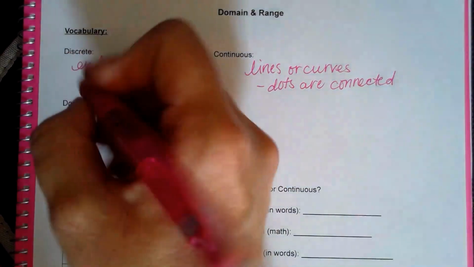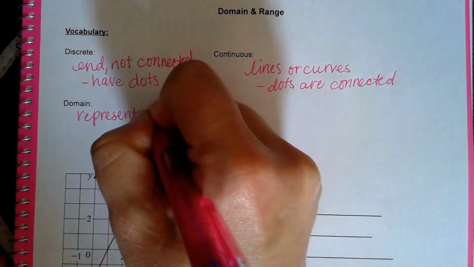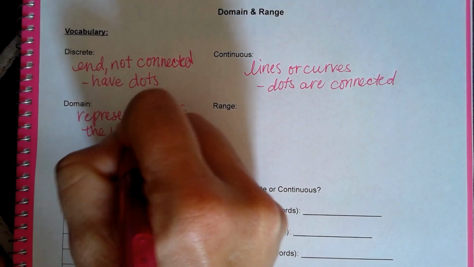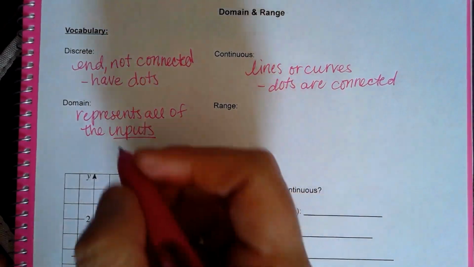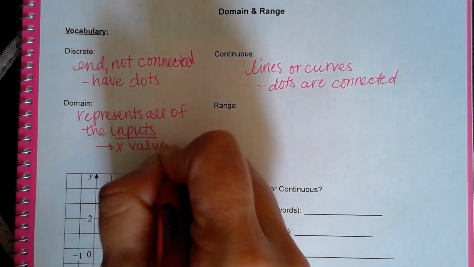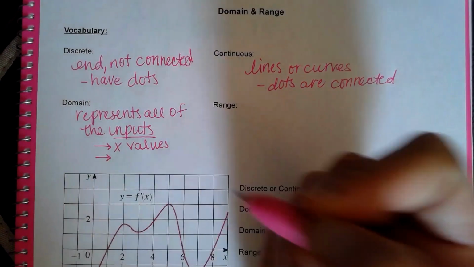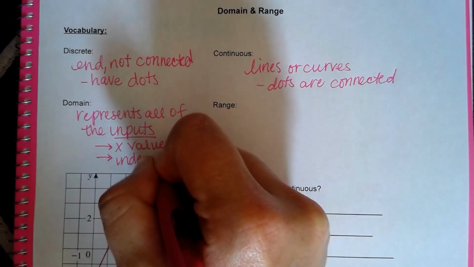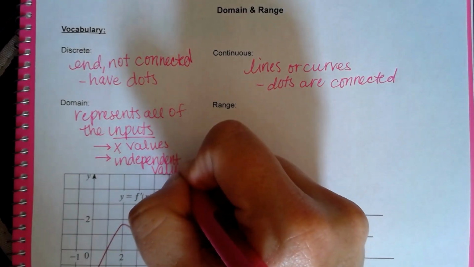Domain. Domain represents all of the inputs. Okay. So remember, inputs are the X values. And then another word that we're going to use is the X values, or the inputs, are also known as our independent values.